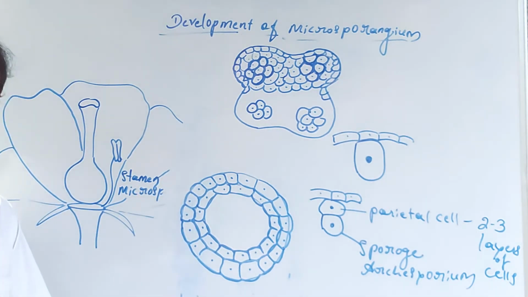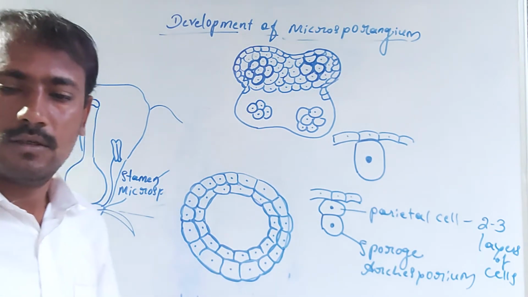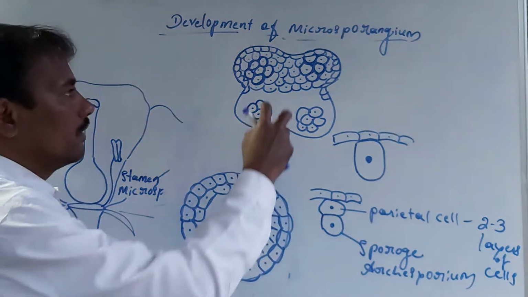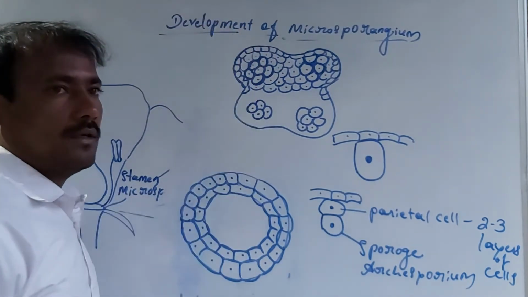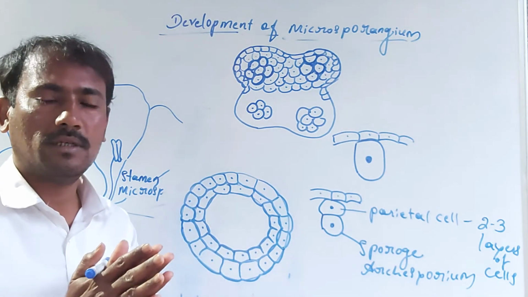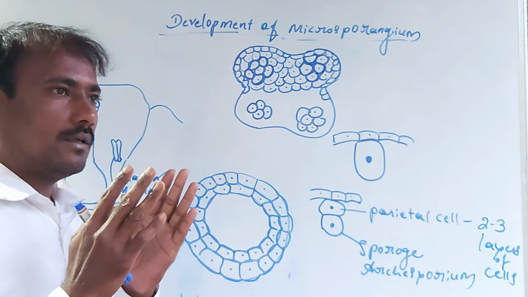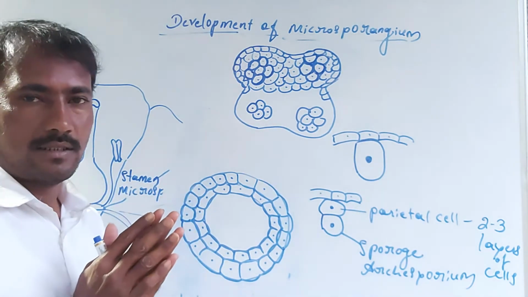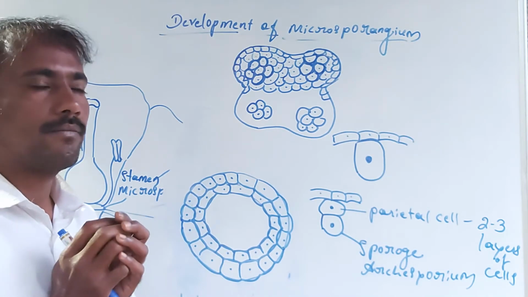At a very early stage of the growth and development of the microsporangium on the thalamus of the flower, at each lobe of the anther, a cell with dense protoplasmic content becomes apparent. These meristematic cells are identical and tangentially arranged together.